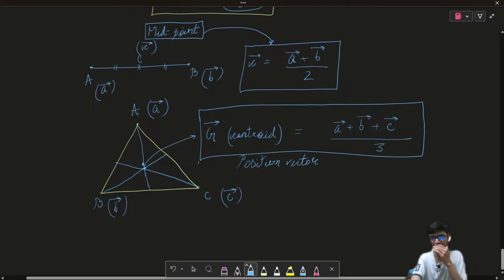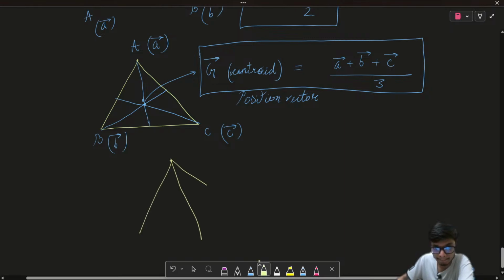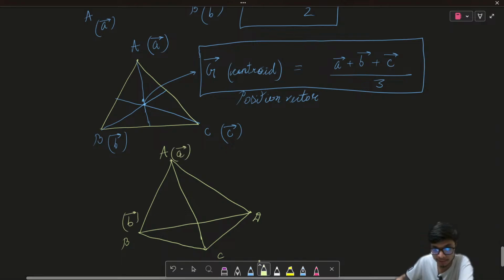Also, if I take 4 points and make a tetrahedron, let us say these are points A, B, C, and D, where my position vectors are given as A vector, B vector, C vector, and D vector.